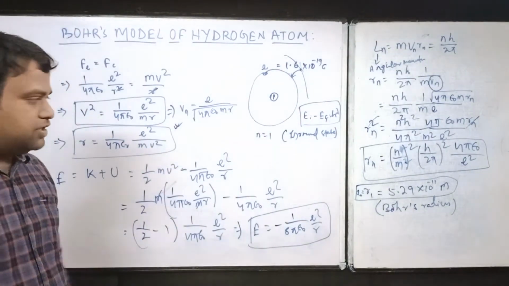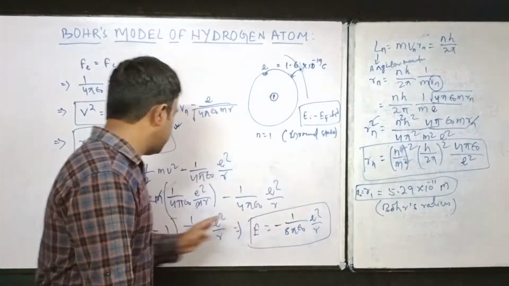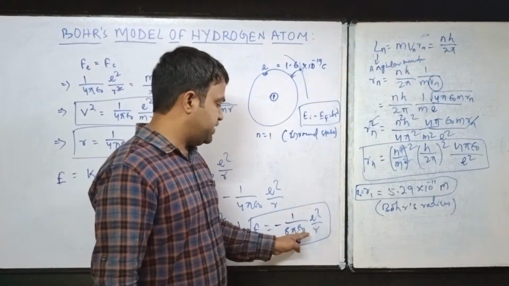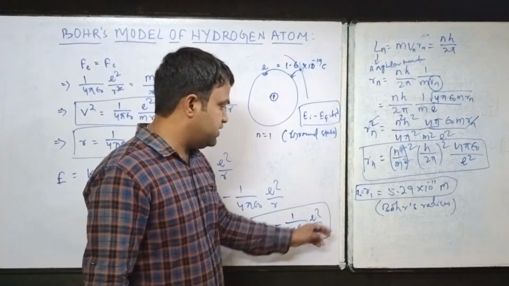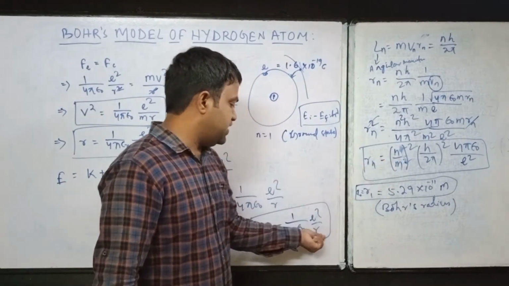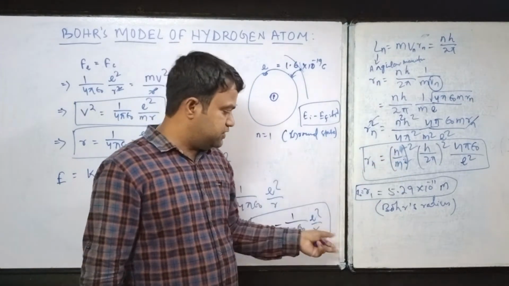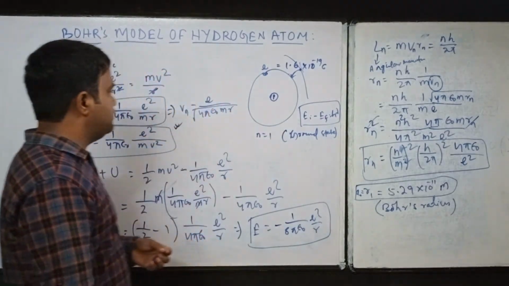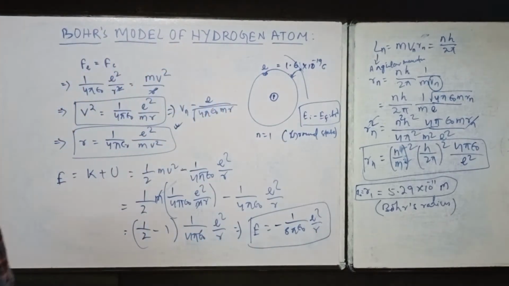Now we'll go to the next calculation, that is energy. The energy expression we already got, that is minus 1 upon 8 pi epsilon naught e square upon r. Just we'll use this r here. We'll put this r here, and we'll calculate it. Or let me calculate it for you.